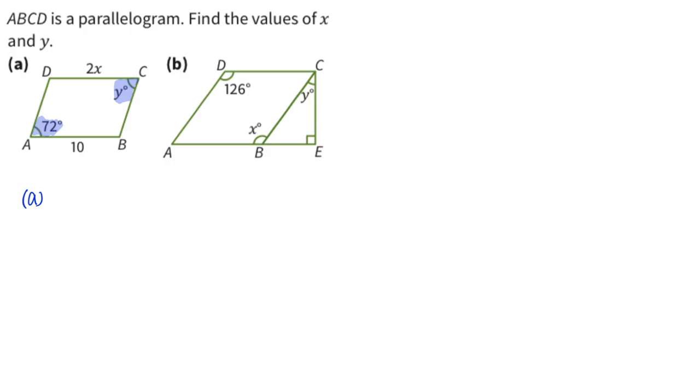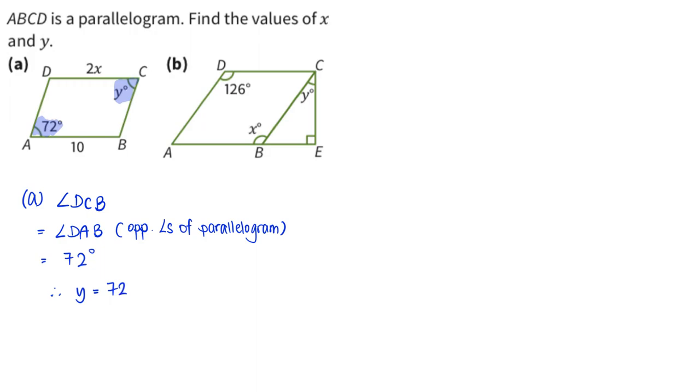And therefore, we could simply write down that angle DCB is equal to angle DAB, the blue color angles, because they are opposite angles of a parallelogram. And so this angle DAB is equal to 72 degrees, and therefore y is equal to 72.